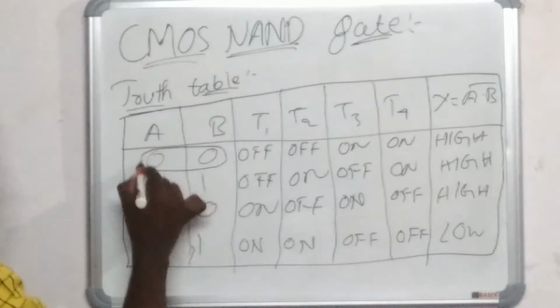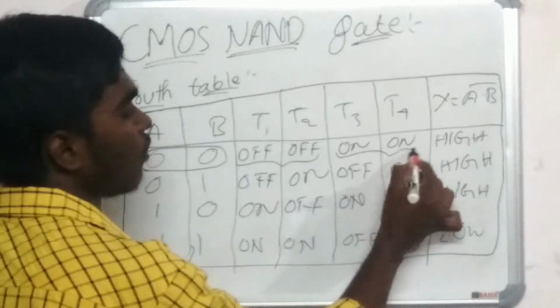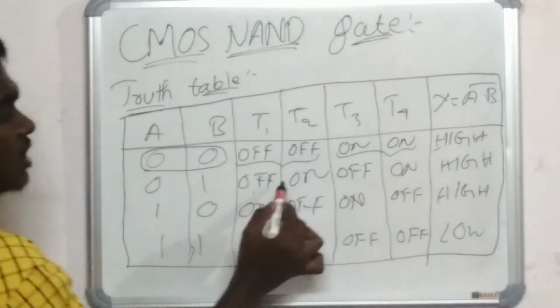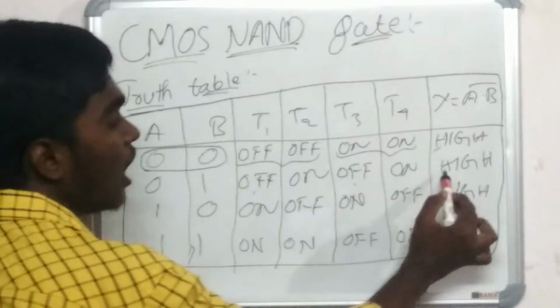Let us see the truth table for CMOS NAND gate. We have already discussed when both the inputs are low, then the transistors T1 and T2 will be in off condition, T3 and T4 will be in on condition, then the output we get is high. For A 0 and B 1, T1 is in off condition, T2 is in on condition, T3 is in off condition, T4 is in on condition, and the output is high.